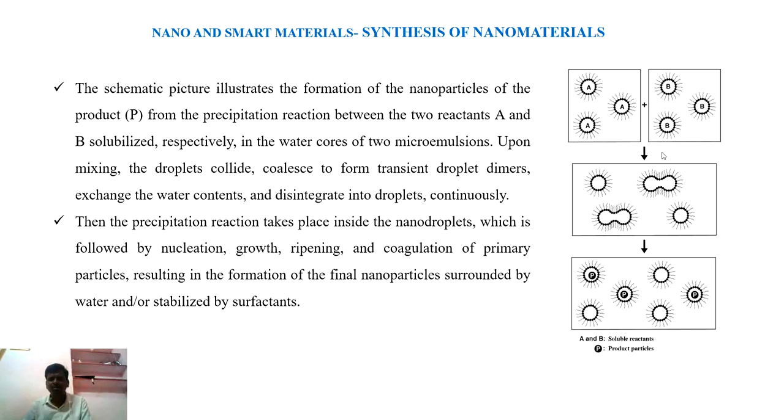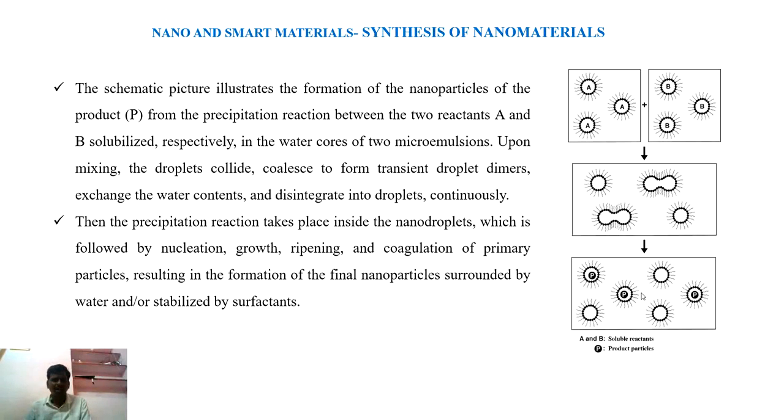In the presence of surfactant, both A and B will collide together and form dimer droplets. In these dimer droplets, the two materials undergo condensation or hydrolysis reactions. After that they may be integrated into single droplets. These single droplets result in the formation of nanomaterials.